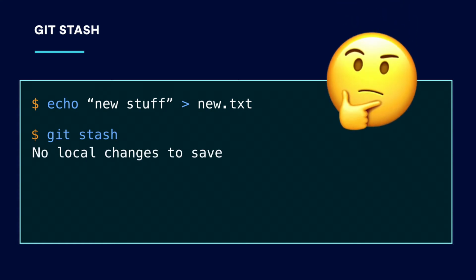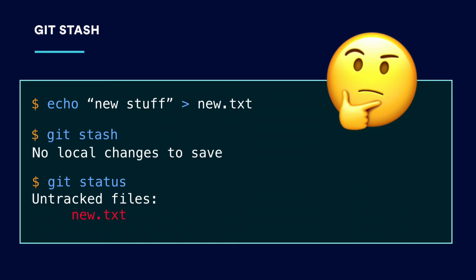The reason for this is that git stash only actually operates on tracked files. So when you create a new file, it doesn't do anything for you. And when you run git status, you still have that file sitting in your local directory. Now, most people, myself included up until relatively recently, will work around this by running git add to add that to their index, and then running git stash.